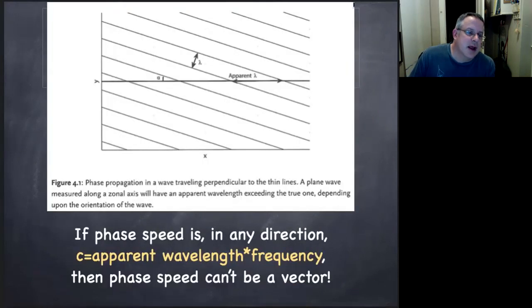And here's why. If the phase is traveling like this, and so the crests are moving this way, imagine looking at how fast the crest is moving in this direction as this wave goes from there to there. This direction of the phase speed is actually faster than the direction in between the crests going this way.